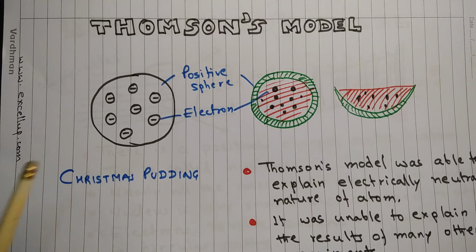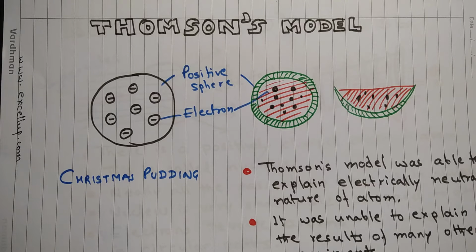In the Indian context we can compare it with uttapam, in which the whole circle is the positively charged sphere and the toppings are like negatively charged electrons.